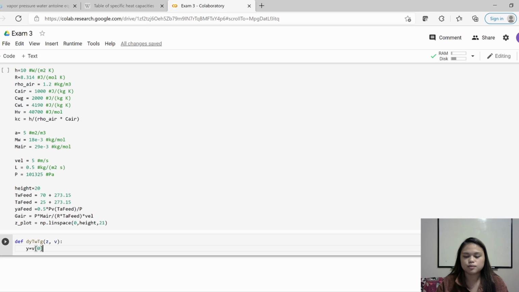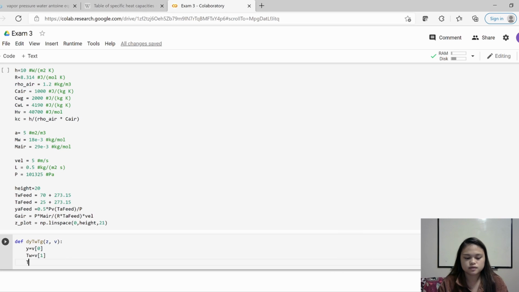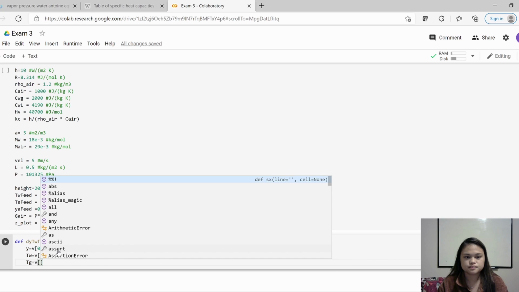This will help us reduce any errors, so we can see it visually better. The temperature of the water is going to equal the second element of that array, and the temperature of the gas is going to be the third one of that vector.